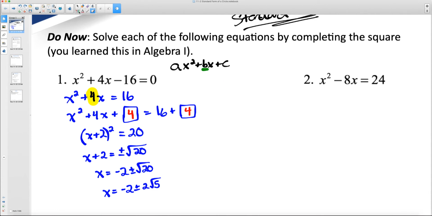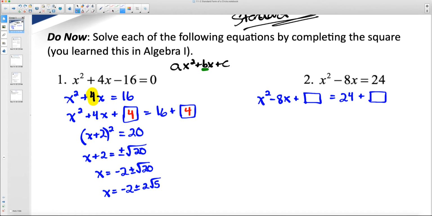So I think it's probably a good idea to do one more. We want to make sure our leading coefficient is a 1. It is. We want to move our constant over. It actually already is moved over. Now at this point, we have to figure out what number we have to add to both sides to make it what we call that perfect square trinomial.